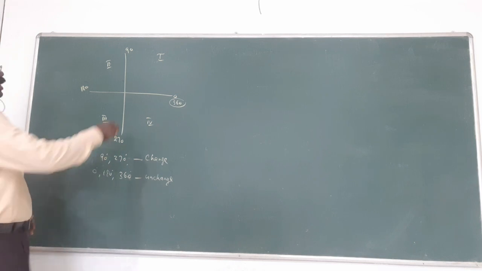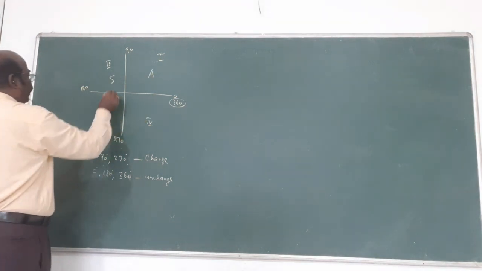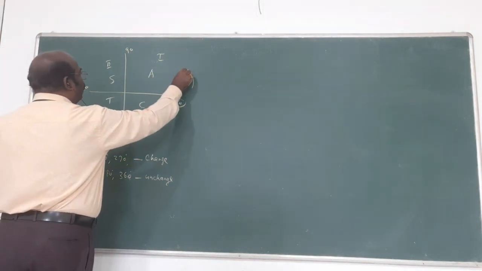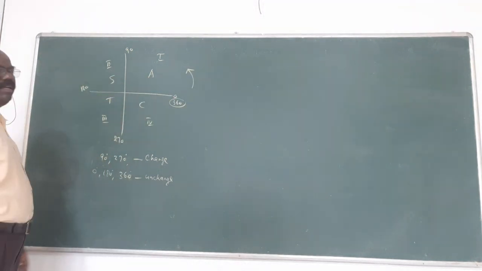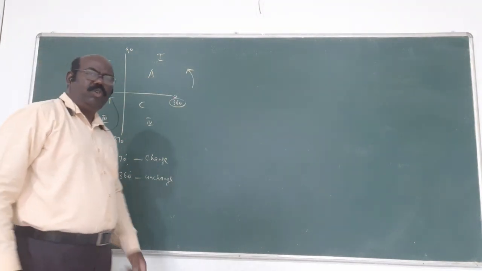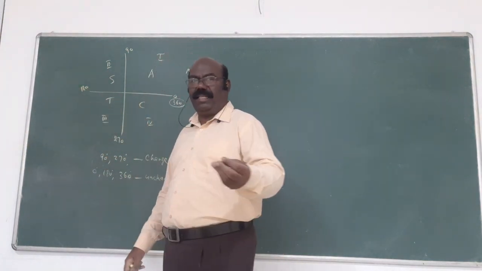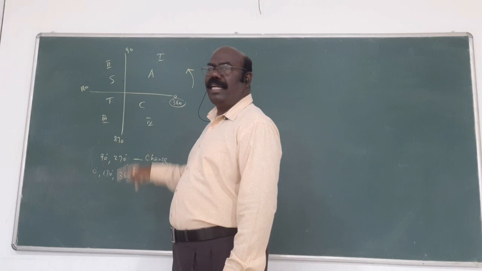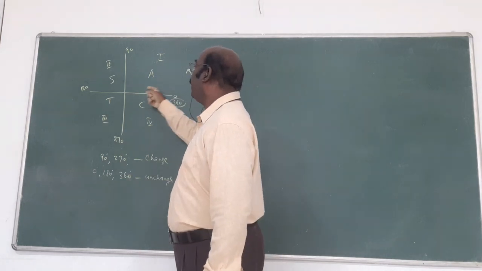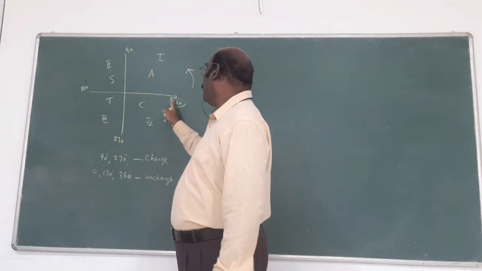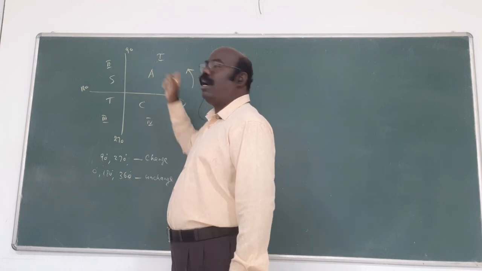Next concept, A, S, T, C, is another one. What is the name A, S, T, C? Usually, All Silver Tea Cups, a symbol notation. A represents all trigonometric ratios are positive. That is, 0 to 90 in the first quadrant, all positive.